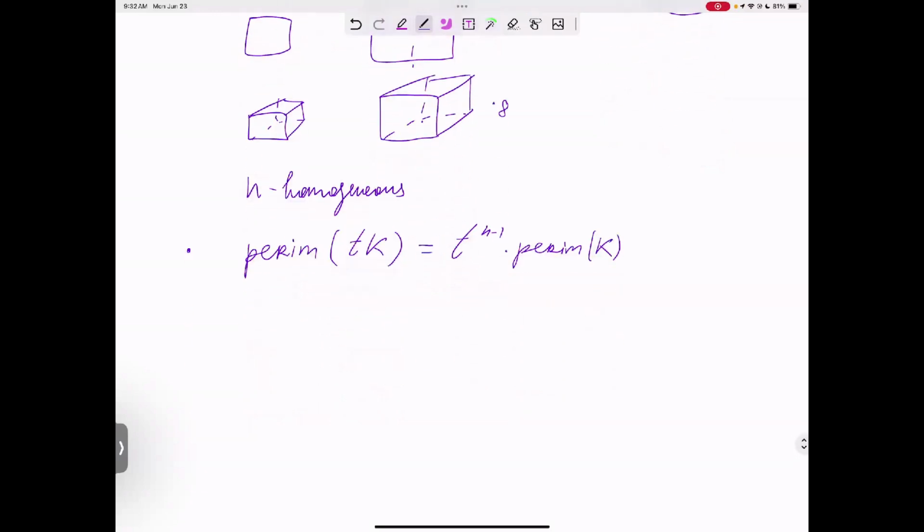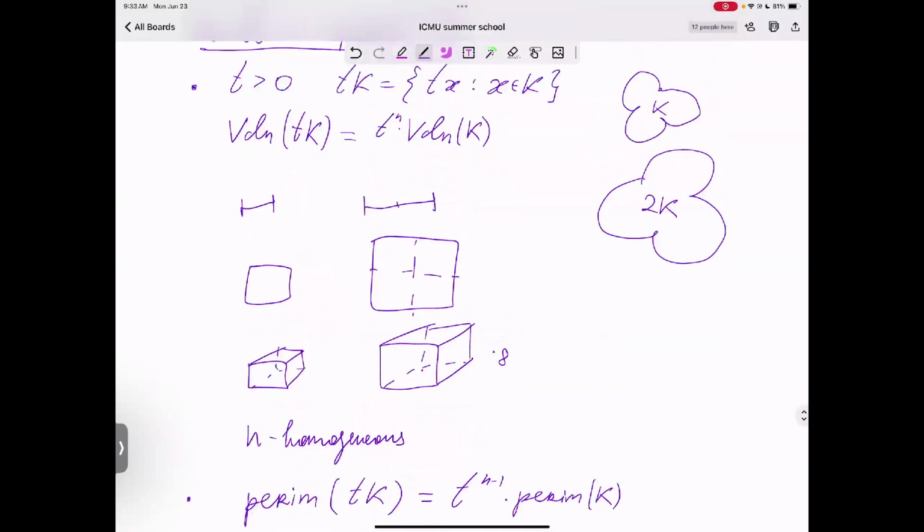You can think about a circle: the circumference is 2 pi r. If I double it, if here I have 2r, here we have 4 pi r. So if I double my circle, the perimeter will get multiplied by a factor of 2, not 4, because the perimeter of a set is an n minus 1 dimensional object.